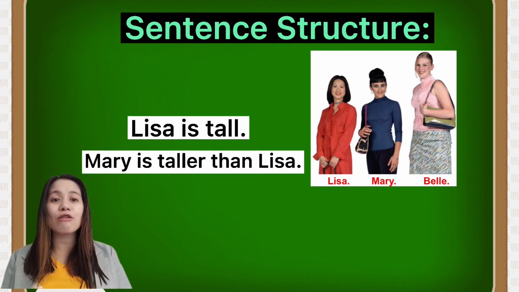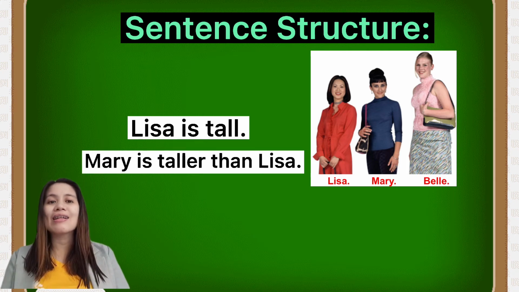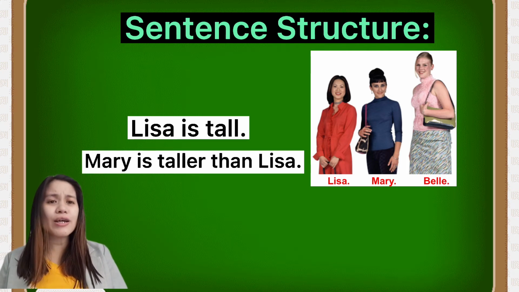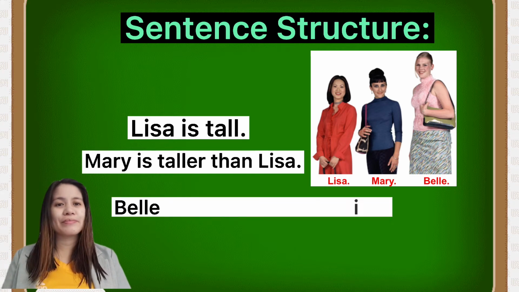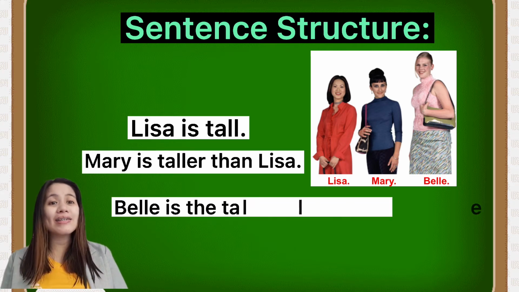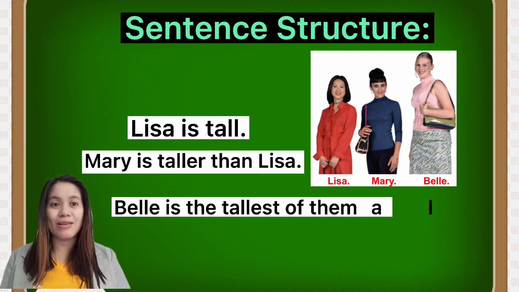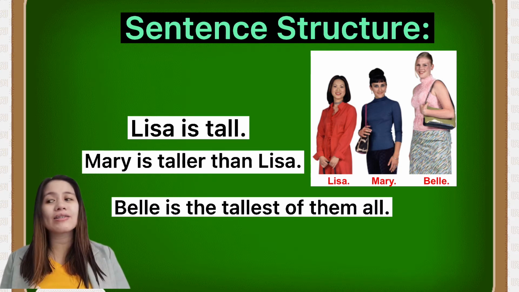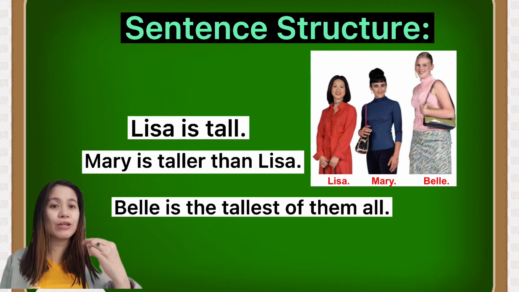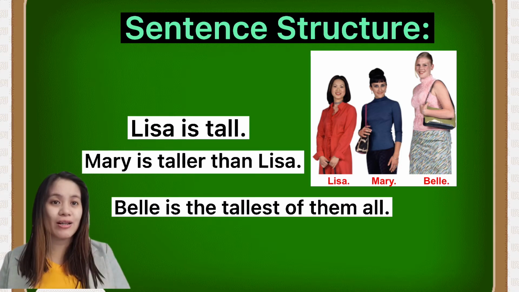Mary is taller than Lisa. Now look at Belle. Belle is the tallest of them all. Okay? So Belle is the tallest among the 3 girls.